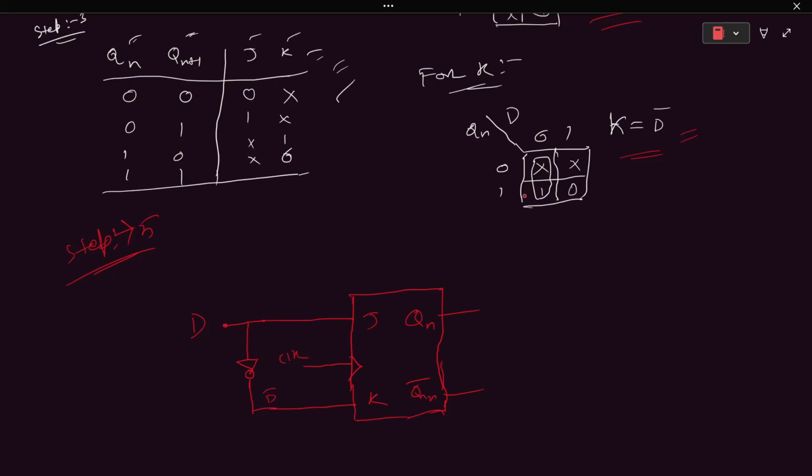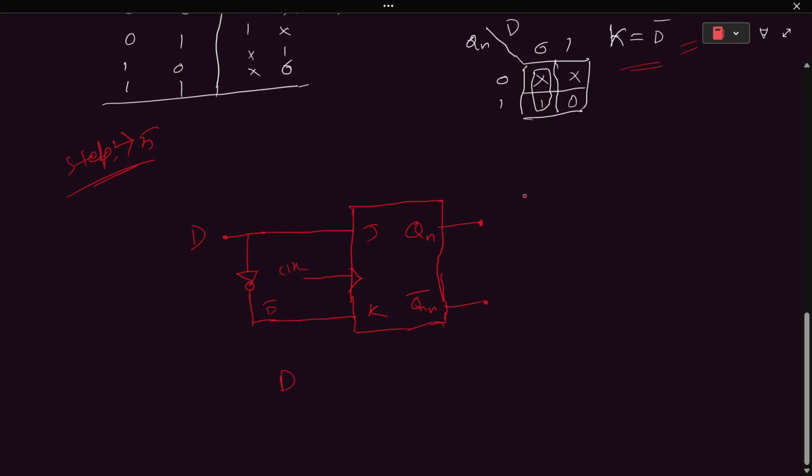So D is J and D complement is K. This is the conversion of the JK flip-flop to the D flip-flop, the D flip-flop converted circuit using the JK flip-flop.